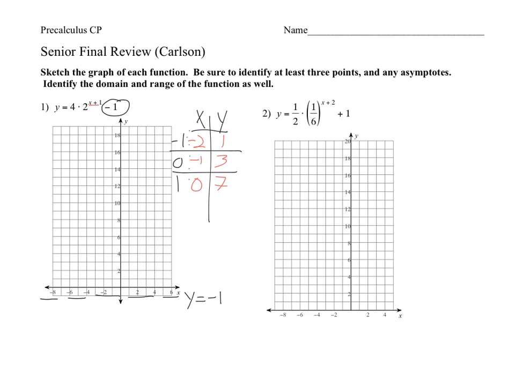Let's plug those 3 points in, so (-2, 1), (-1, 3), and (0, 7), and draw a nice sketch of our graph going through those points and approaching that asymptote. The domain for this graph and for all exponential functions is all real numbers. And the range for this graph is going to be anything where y is greater than -1, because that's where my asymptote is, and this is above that.